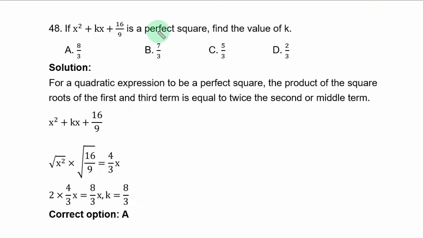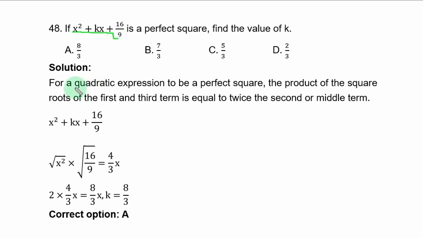Question 48. If s squared plus ks plus 16/9 is a perfect square, find the value of k.